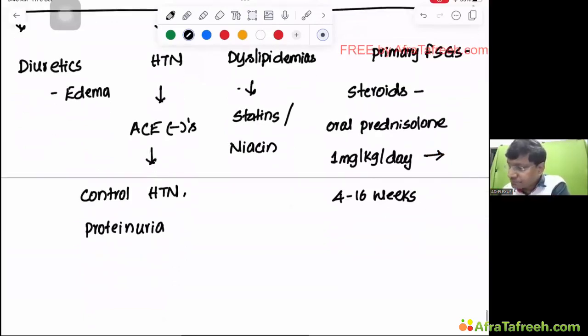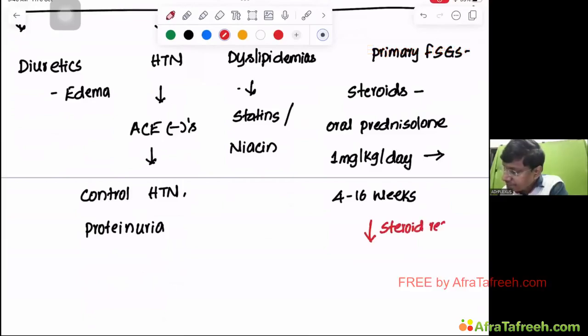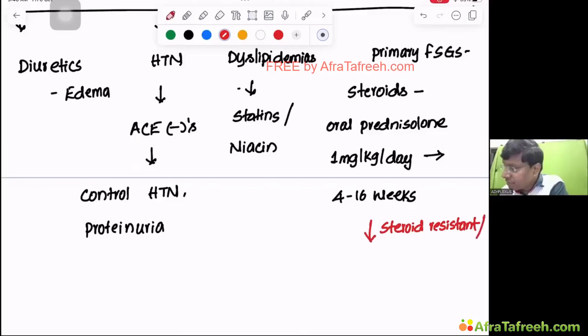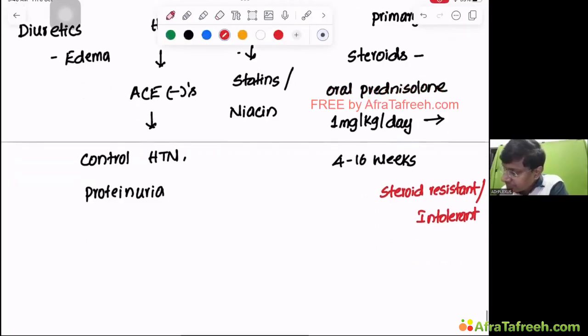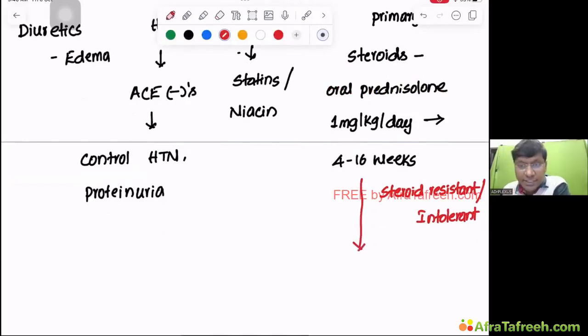Suppose in primary FSGS the individual is steroid resistant, or steroid intolerant, then you should give the calcineurin inhibitors.